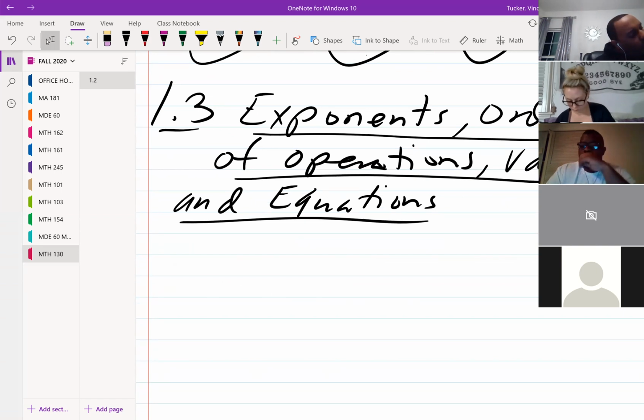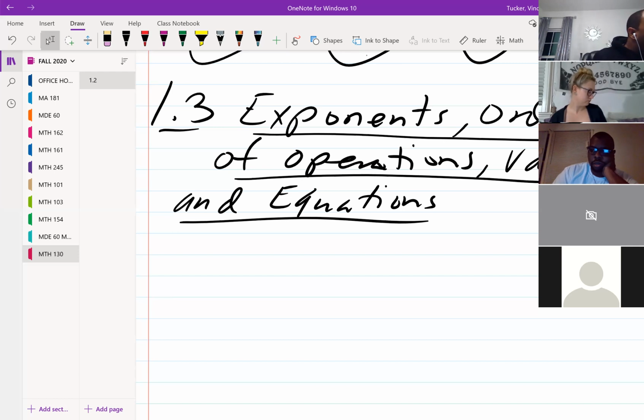I did not see any equations in here. What kind of equation are you talking about? Oh, they're just writing them. They're not solving. Okay, I didn't think I saw solving in here.